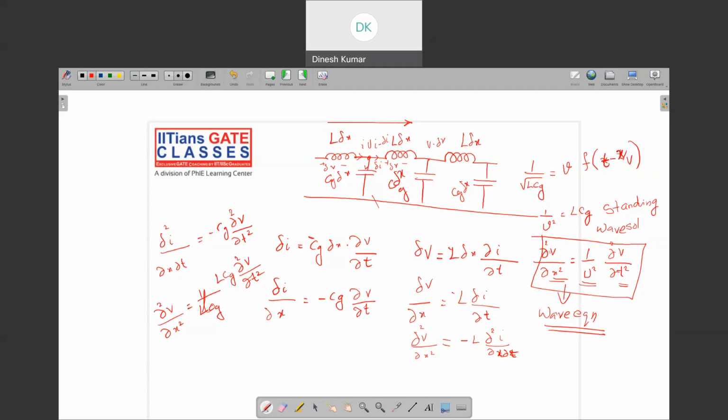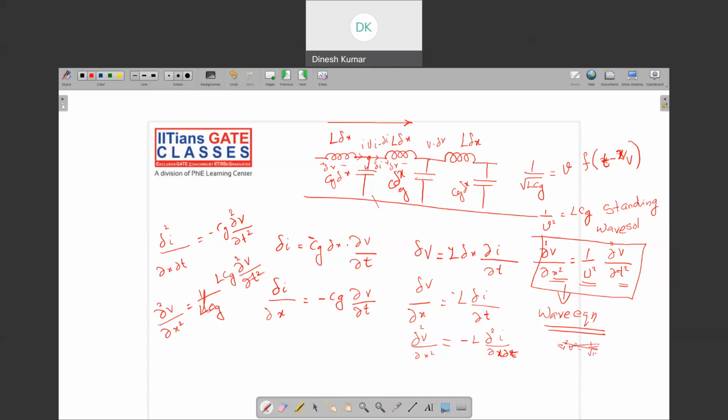Just study how to derive this equation and why this is known as a wave equation, because this is similar to the wave equation we see in normal electromagnetic waves. Okay, so since this is also similar to the wave equation, what is Maxwell's kind of wave equation? Del square V equal to 1 by root of mu epsilon times del square V by del t square.